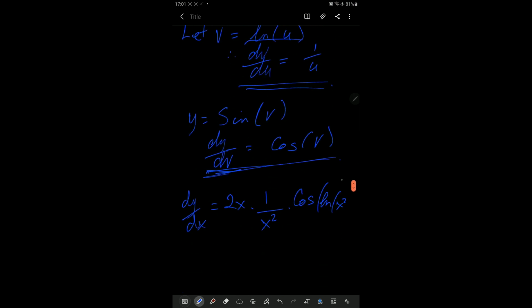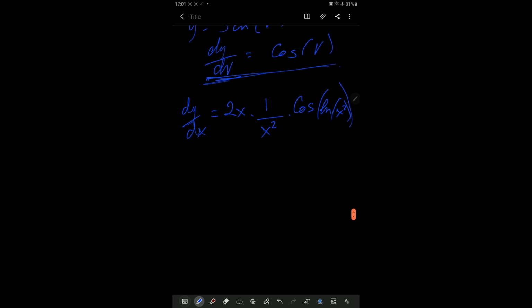Okay, so we can cancel this with this, so the result is 2 on x times cos natural log x squared.